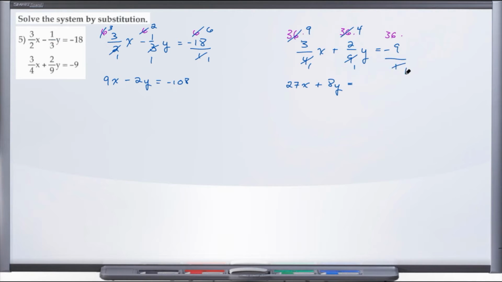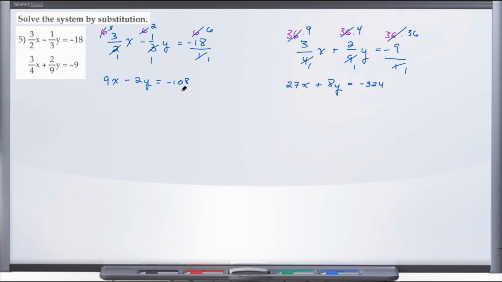And then 1 goes into 1 one time, 1 goes into 36 36 times, and so we're left with negative 9 times 36, which is going to give us negative 324. All right, and there we have it. We have our second equation now rewritten without fractions. So again, 27x plus 8y equals negative 324 is equivalent to 3 over 4x plus 2 over 9y equals negative 9. Now we can go ahead and start the process of solving the system by substitution.